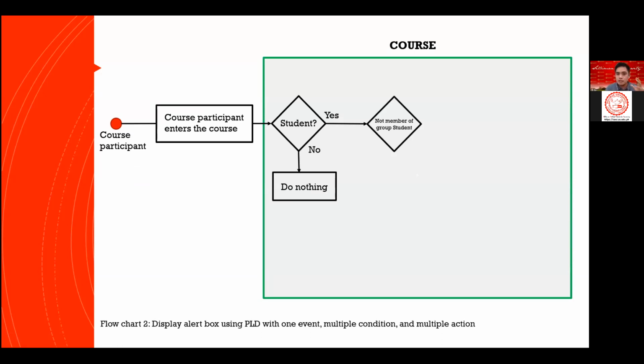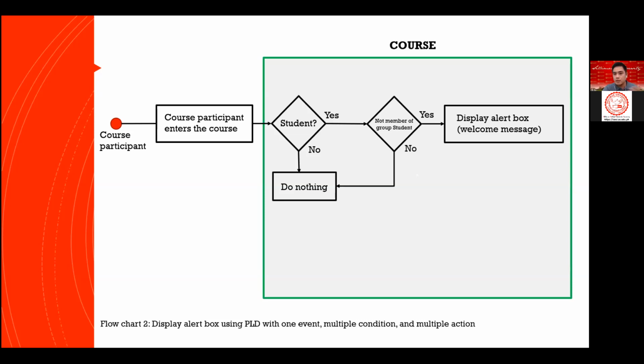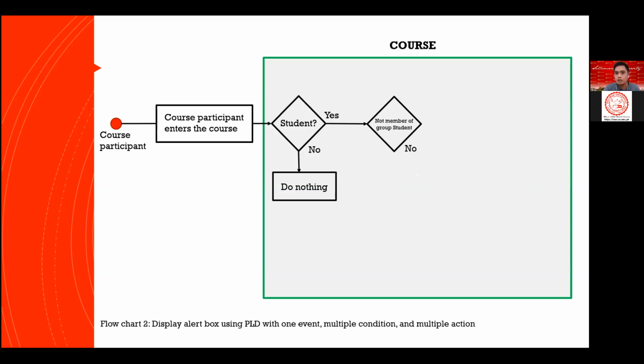Is this student not a member of the group student? Now, if no, the PLD will terminate, right? Now, if this particular student is not a member of the group student, and if it's a yes, then it will display the message alert box, and then it will add that particular user to the group student. So the next time this particular user enters your course, the PLD will filter if this is a student or not.